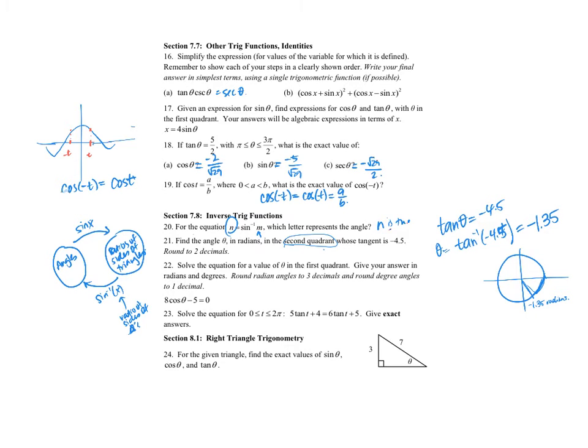So what I can do is go all the way around to 180, or sorry, not 180, if I do pi minus 1.35 radians, I will get the angle 1.789 radians, or 1.79.